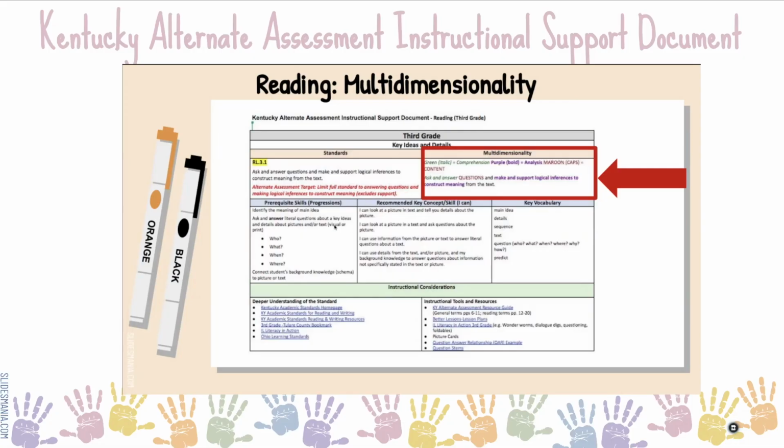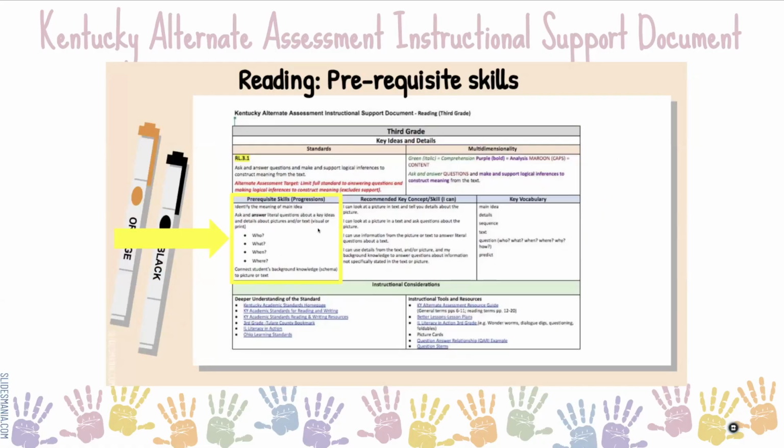Underneath here is prerequisite skills, or the progressions. These are the skills that they need before they get to this. And we put this here because, for example, if you have a child in 3rd grade, and this is what they're going to be assessed on, then you may have to back up and ensure that they have these skills before you can move on to this one.